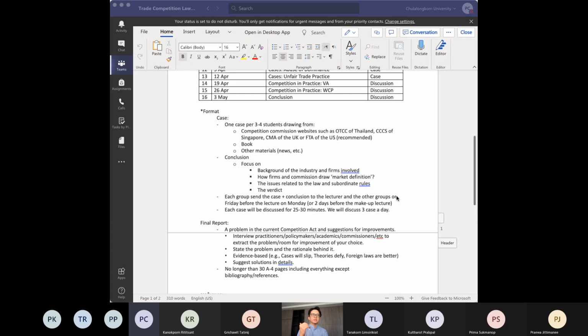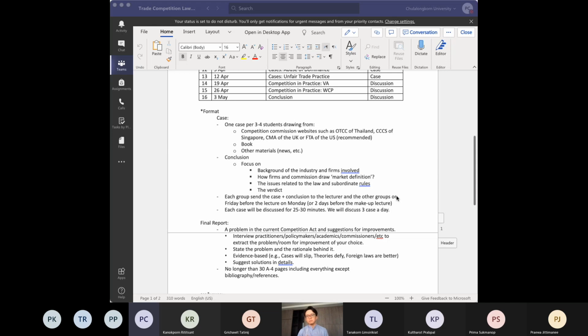Each group is required to at least make some conclusions, make some points, and I would like you to focus on the background of the industry: which industry are we talking about, how many firms are there, who are the main players within this industry mentioned in the case, and how firms and the commission draw the market definition.